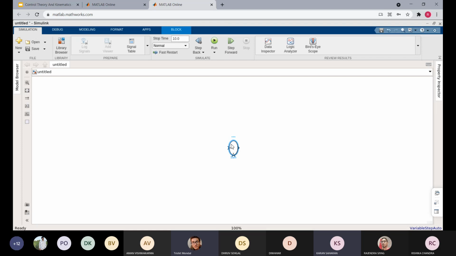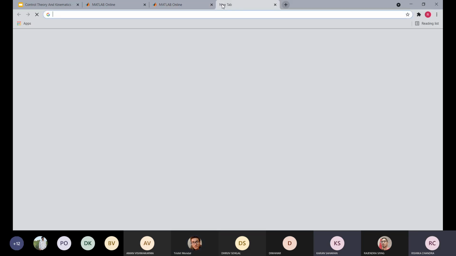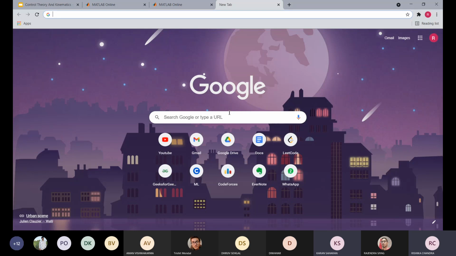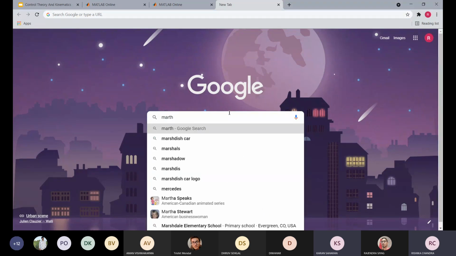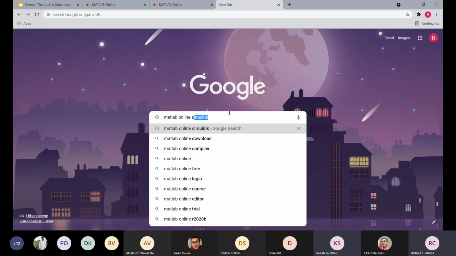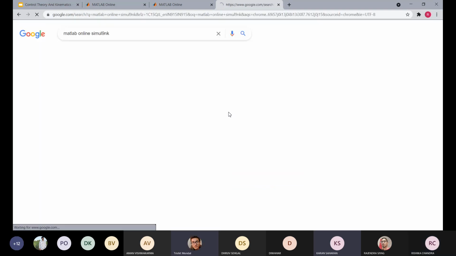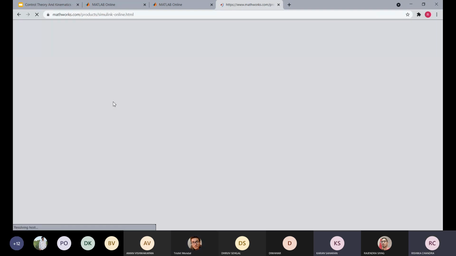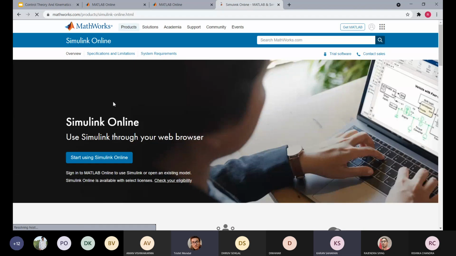It redirects to another page. Just a second, I'll show you. Yeah, so here, start using Simulink online. Click on this.